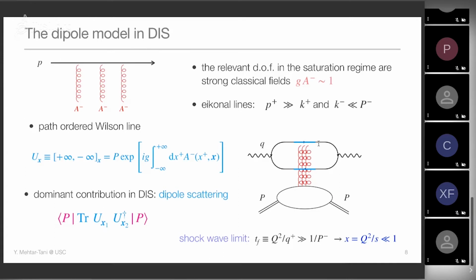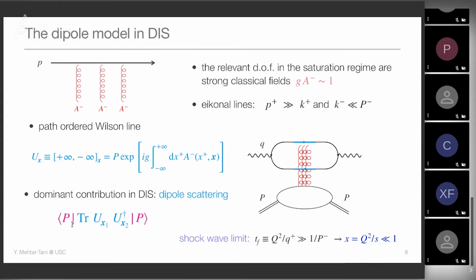One that describes the color precession of the quark, and the other one is the color precession of the antiquark. And then if you connect color here, because it's a color singlet, then you get this object here, which is the trace of the Wilson line at a certain transverse position x1 for the quark, and of course the U dagger for the color precession of the antiquark.